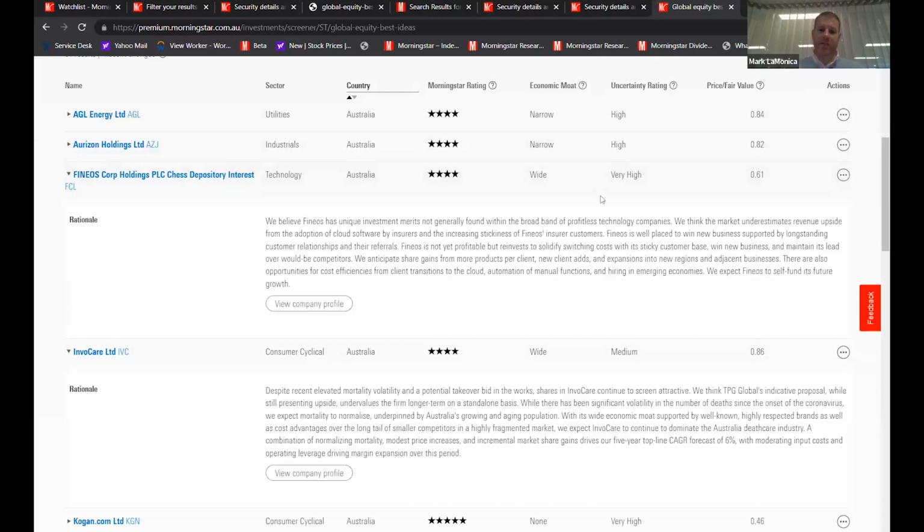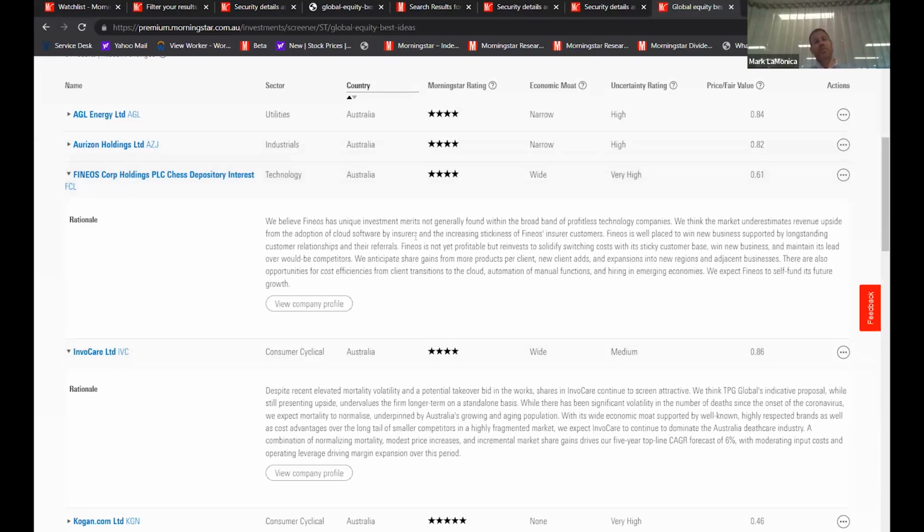Now, what you may notice here, and this is where uncertainty rating comes into play as part of our investment methodology, is InvoCare 0.86 is 14% undervalued. 0.61 means that Fineos is 39% undervalued, yet they're both 4-star stocks. Why is that?